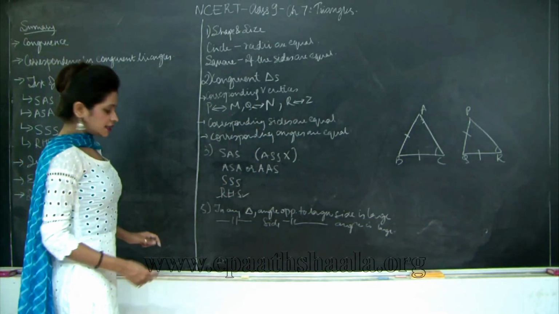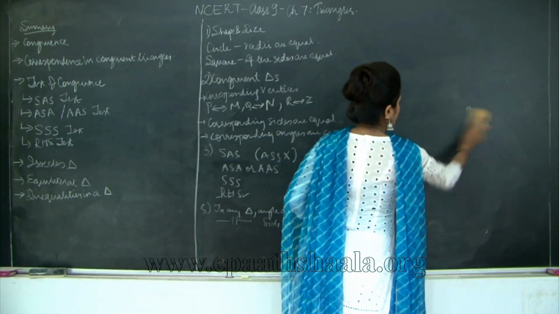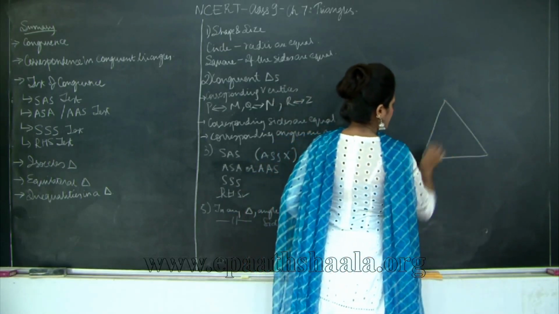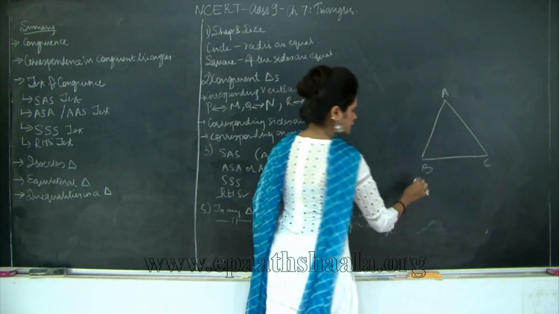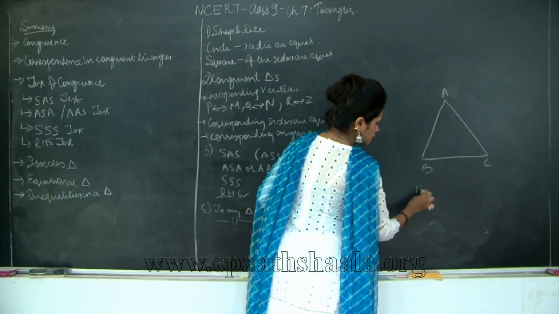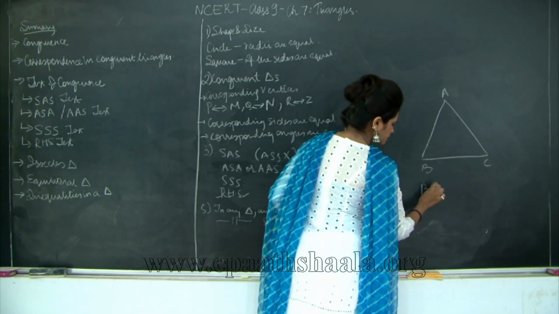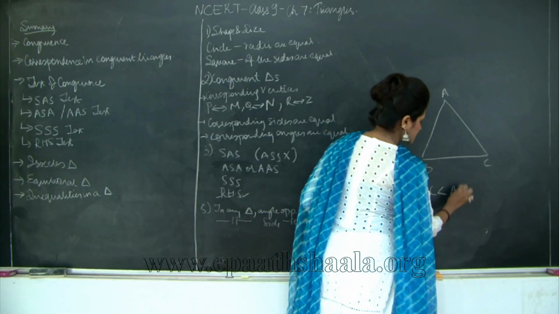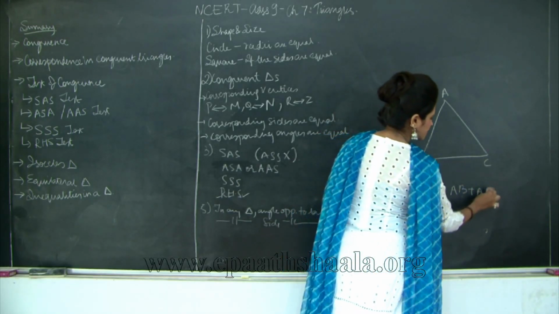And the last inequality that we learned is, in any triangle ABC, any one side, let's say BC, is always going to be less than the sum of the other two sides. So BC is less than AB plus AC.